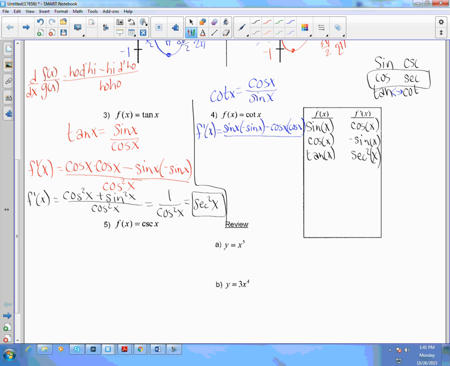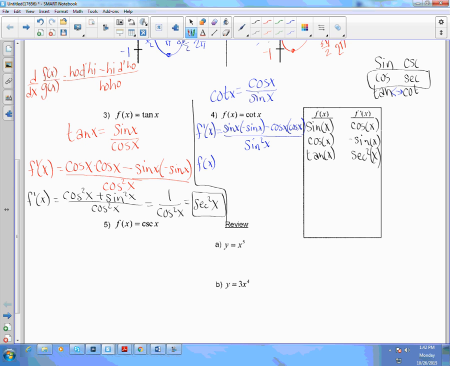Good. Now the denominator: sine squared x.